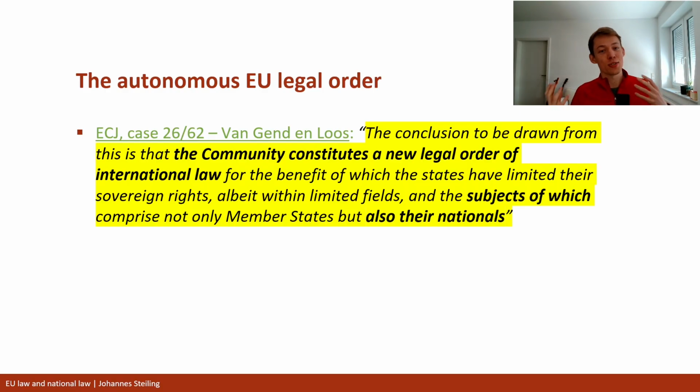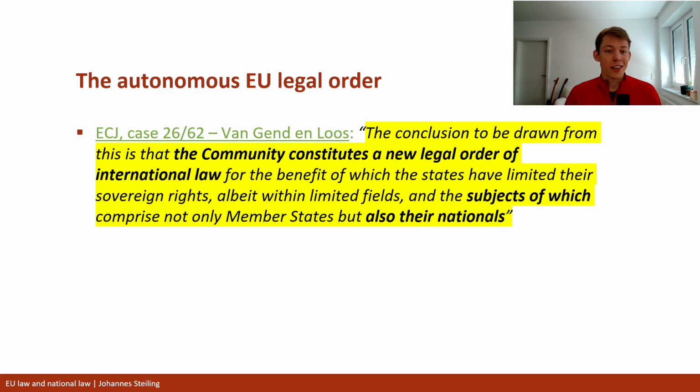So the ECJ has also given itself quite some power through these decisions, because the ECJ is the highest authority when it comes to interpreting the treaties, and also interpreting secondary law and deciding whether secondary law, which we'll talk about, is valid or invalid.